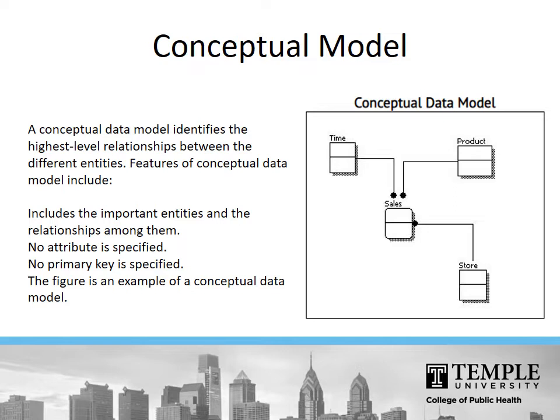If we look at this example, we have entities like time, product, sales, and store. You could think about this in terms of patient as an entity, claim as an entity, visit type as an entity, condition as an entity, lab as an entity.